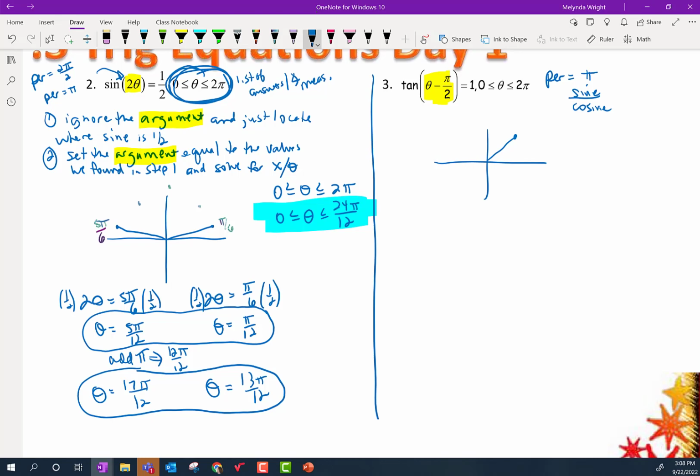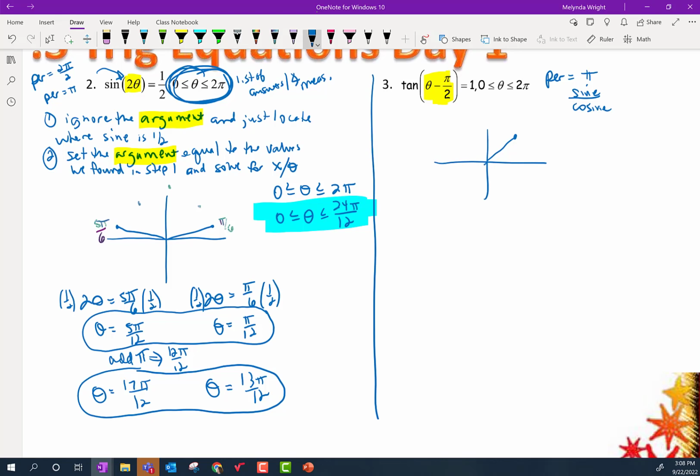Where else would sine be positive? Which quadrant would sine be positive in? The second quadrant, sine would be positive, yes, and cosine would be negative, very good. Where would tangent be positive? In the third quadrant, right, because sine and cosine are both negative.